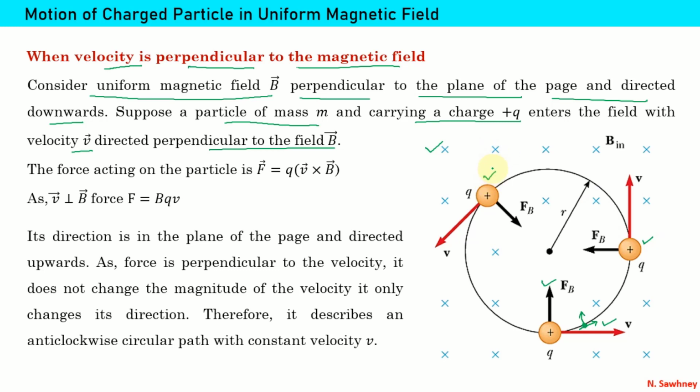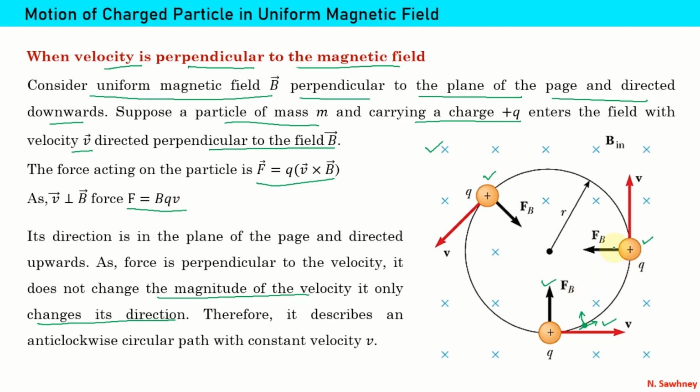That means the force perpendicular to the velocity will not change the magnitude of the velocity, it will only change the direction, and the force acting on the particle will be given by F = qv × B. As this force is perpendicular to the plane of velocity and magnetic field, F will be equal to BqV because theta is 90 degrees.